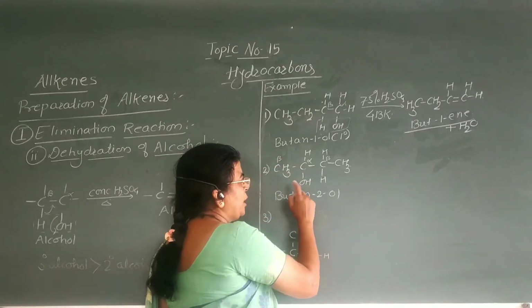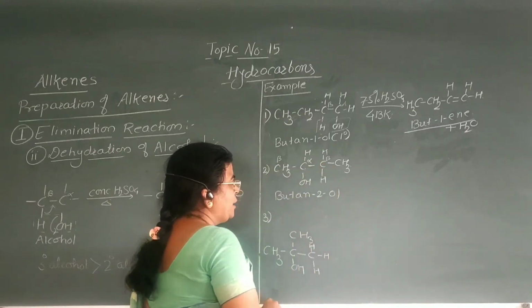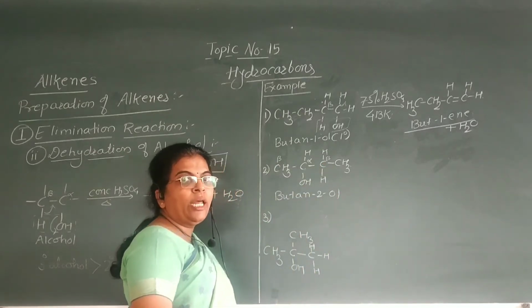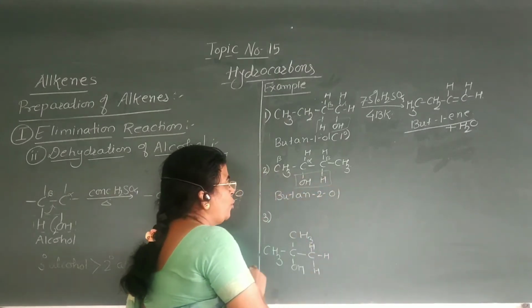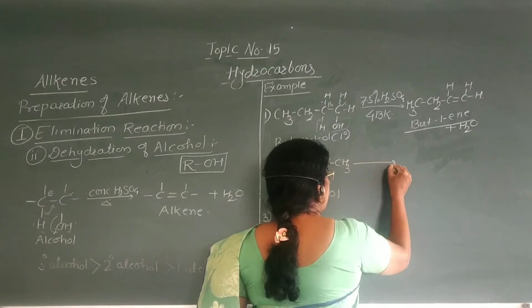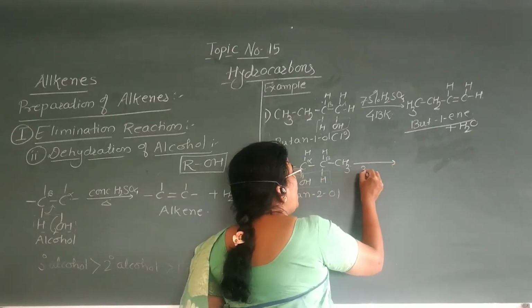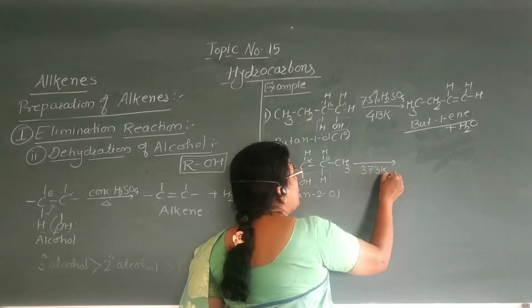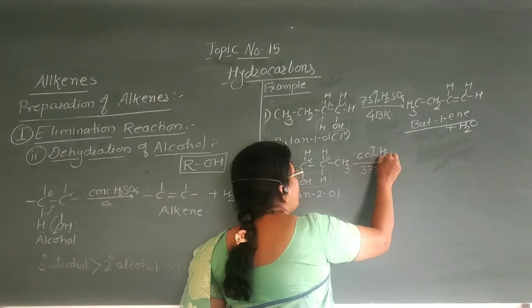According to Saytzeff rule, removal of this beta hydrogen atom takes place so that the more substituted alkene is obtained, and therefore here removal of this H2O is carried out. This reaction is carried out at 373 Kelvin temperature and in presence of 60% H2SO4.